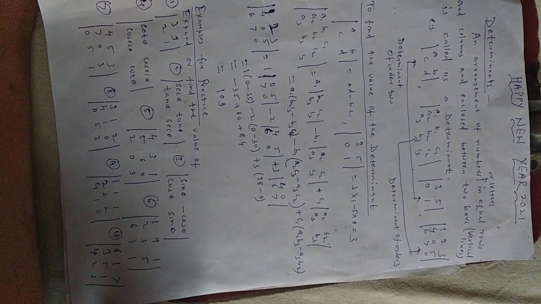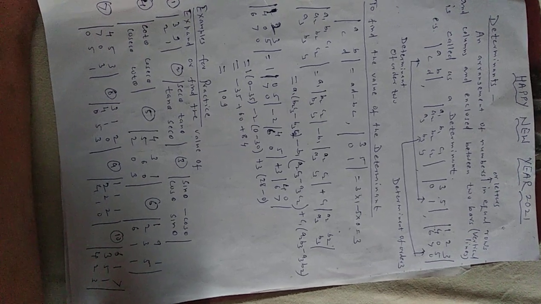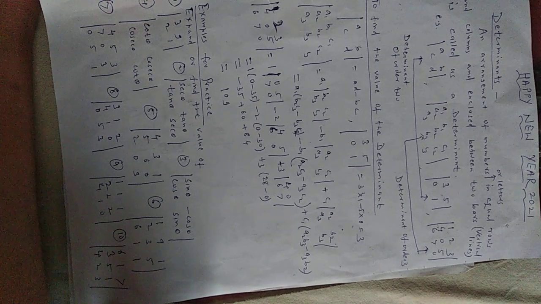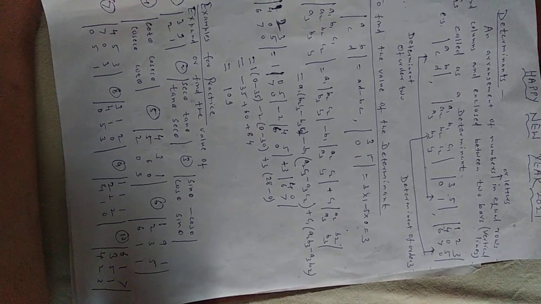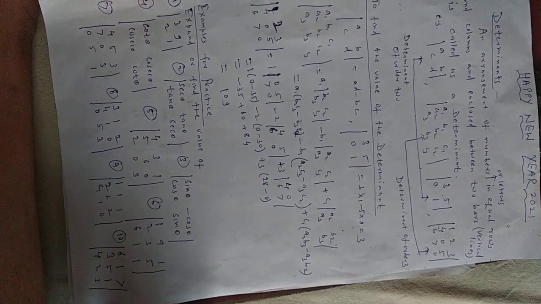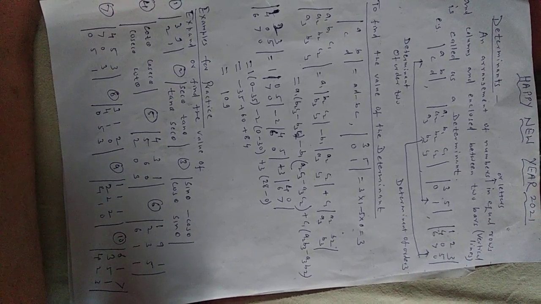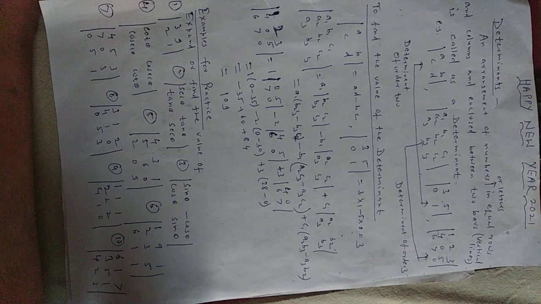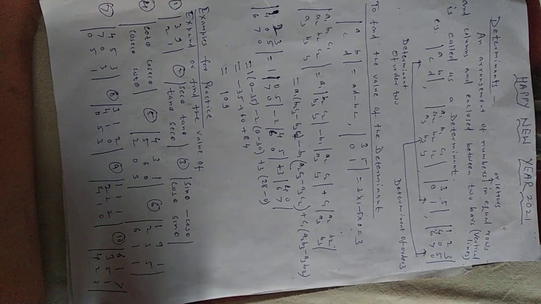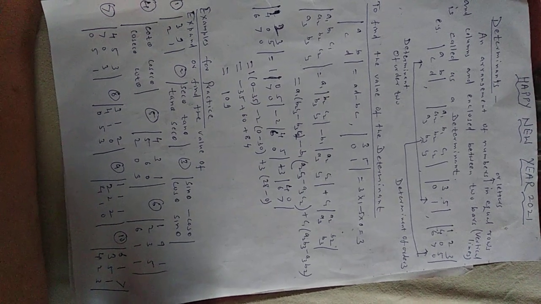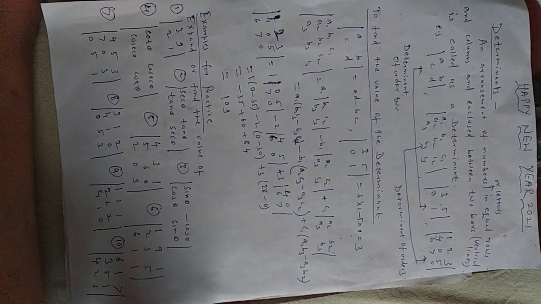So the first one and the third one, they are determinants of order 2. Why? Because there are 2 rows and 2 columns. And second one and the fourth one, they are determinants of order 3. Why? Because there are 3 rows and 3 columns. Rows means horizontal lines and columns means vertical lines.